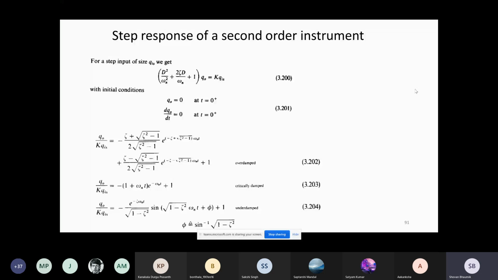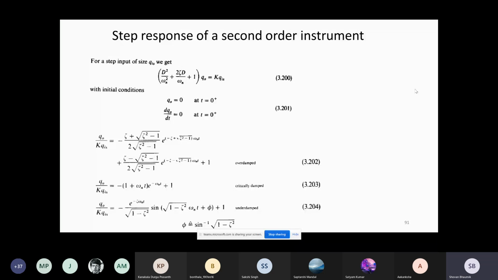So it will always be to the power minus term, and these two will die down and ultimately it will reach 1. But you need to wait for a long time, so that as time keeps on increasing, the output becomes 1. So this is an overdamped system.